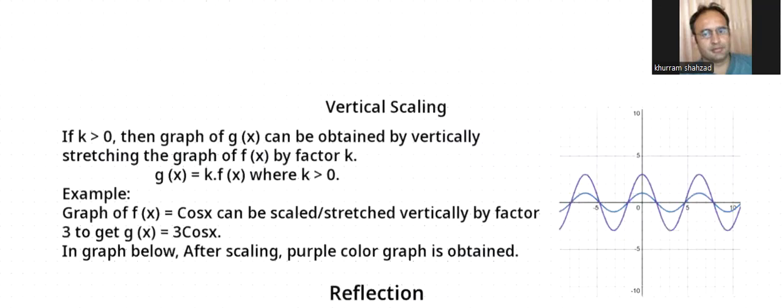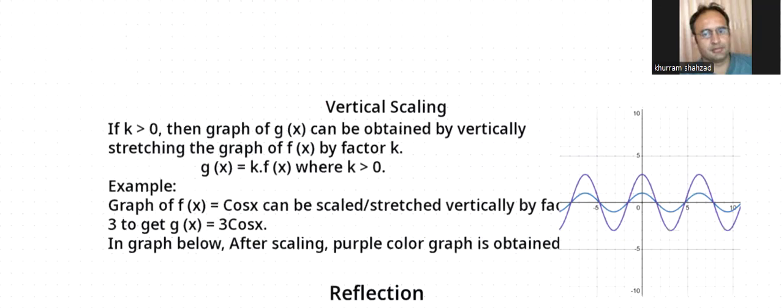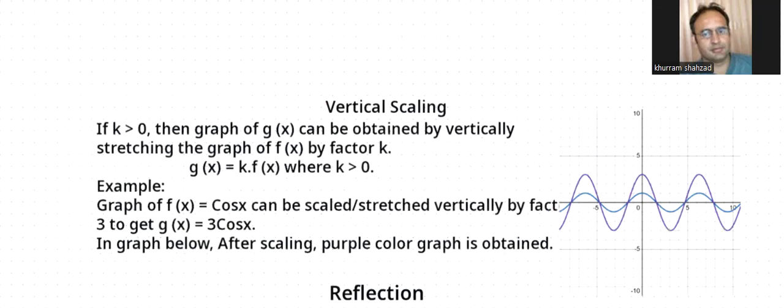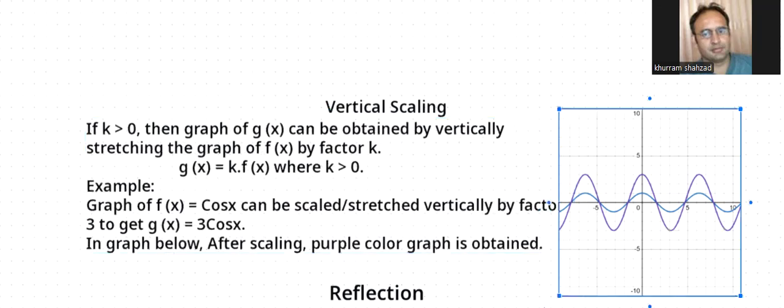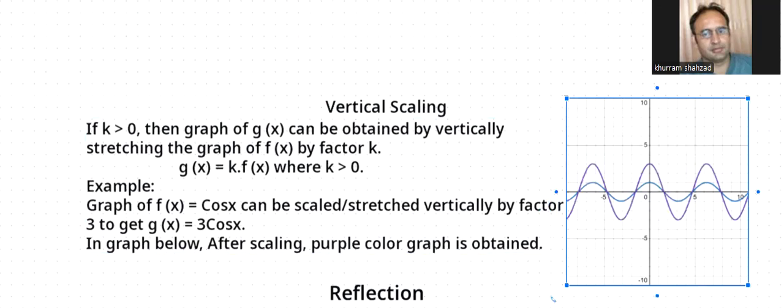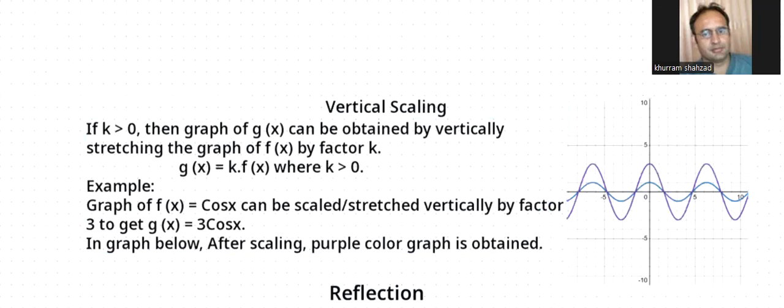So what is the first one? This first one is vertical scaling. So what is vertical scaling now? If k is greater than 0, then the graph of g of x can be obtained by vertically stretching the graph of f by a factor k.